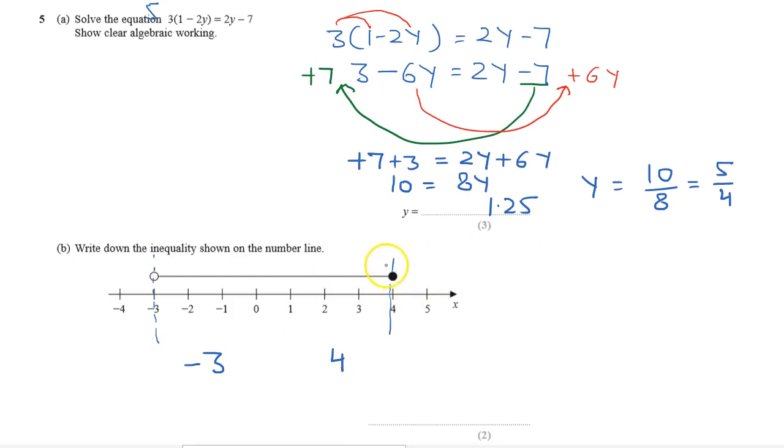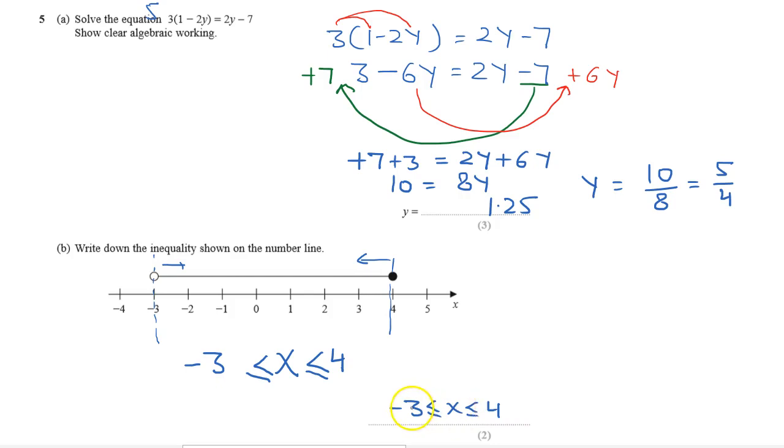Now all the values are less than 4, means 4 is included, and this circle is a completely filled circle, so we write this sign and x, and all the values are greater than -3.